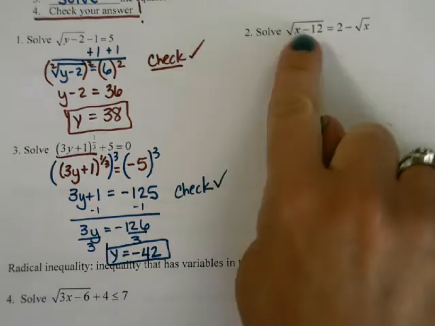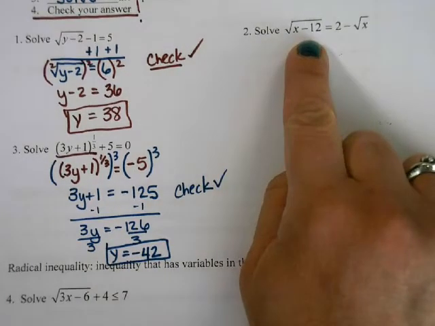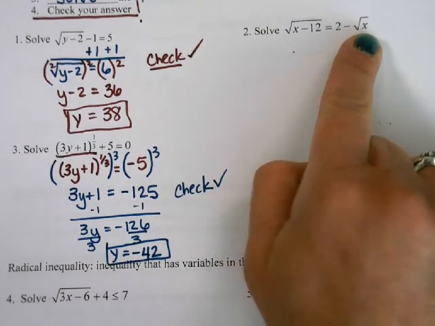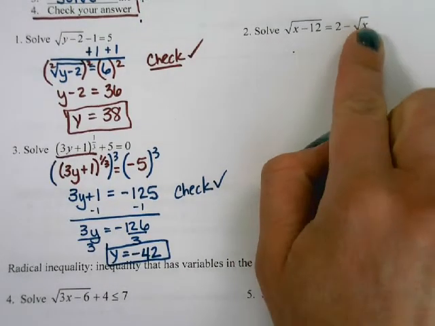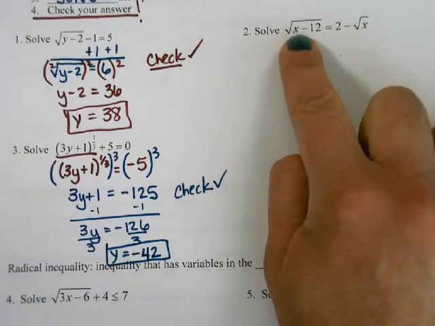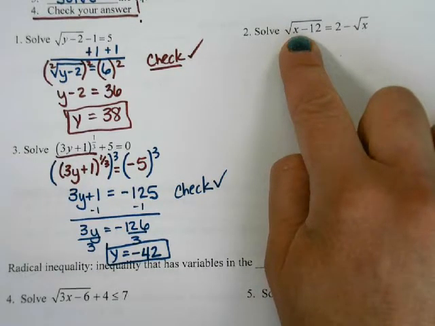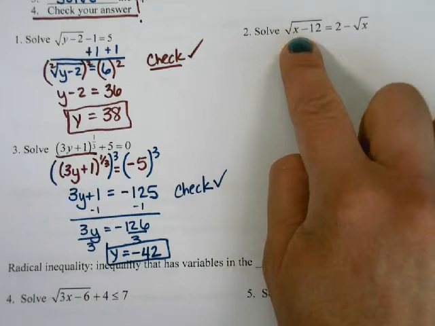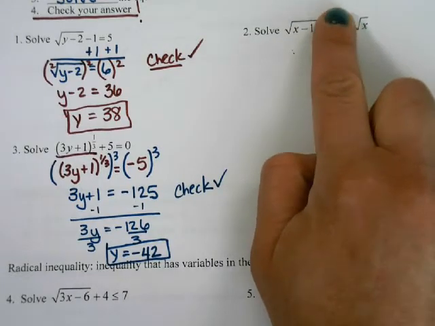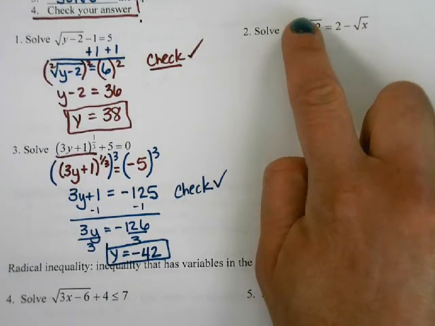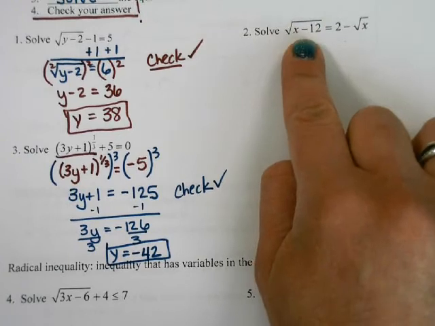Well, the radicand for this one is x minus 12, and the radicand for this one is just x. So even if I added this one over here, nothing would really change with that. Okay? So we already have one radical by itself.